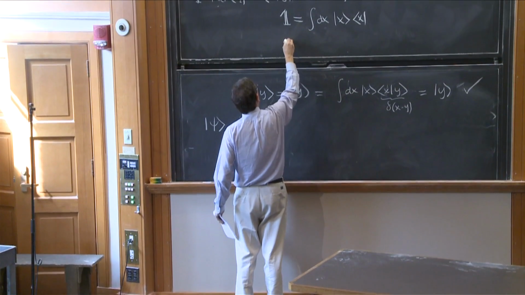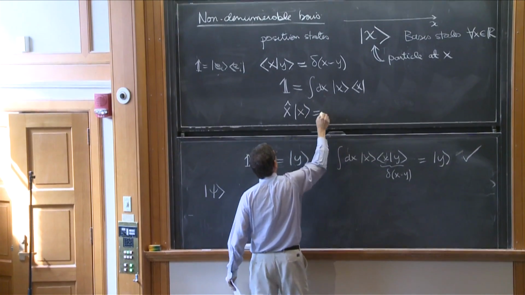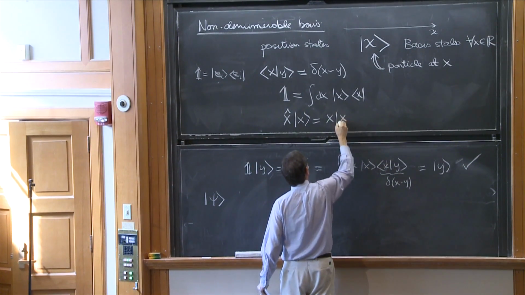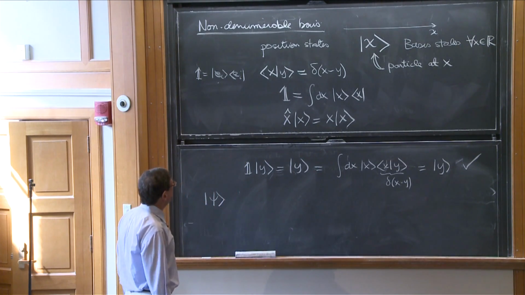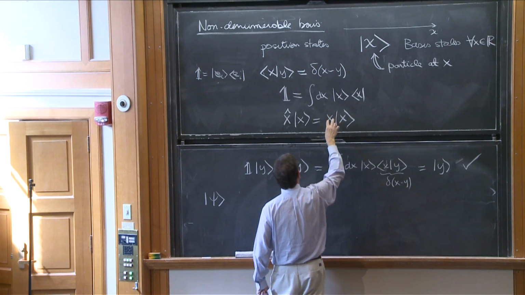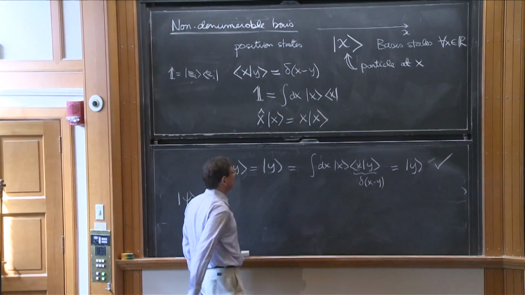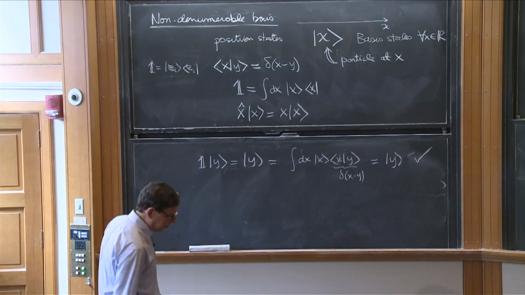The x operator acts on the |x⟩ states to give x|x⟩. So these are eigenstates of the x operator. We declare them to be eigenstates of the x operator with eigenvalue x. That's their physical interpretation. I probably should have said that before.